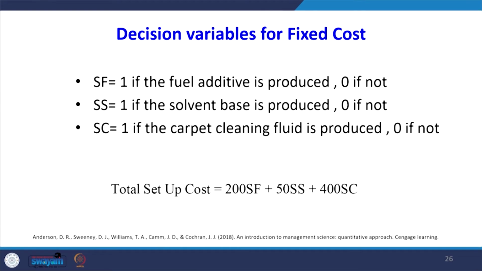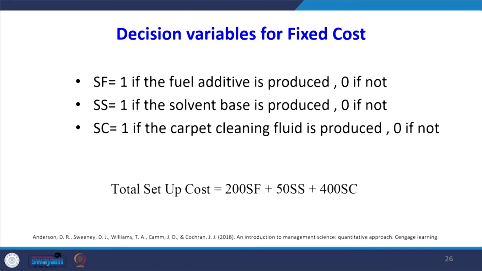Now I am going to introduce the binary variables. SF, the setup variable for product F, equals 1 if the fuel additive is produced, otherwise 0. SS equals 1 if the solvent base is produced. SC equals 1 if the carpet cleaning fluid is produced, otherwise 0.